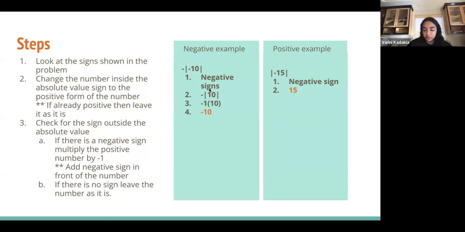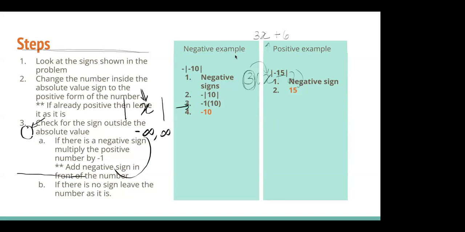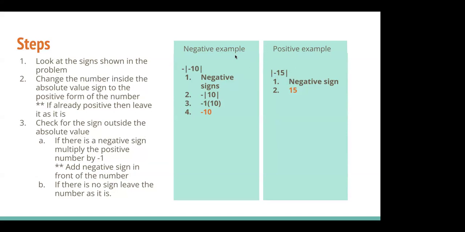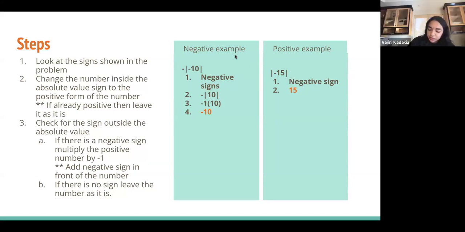So if we have negative times the absolute value of -10, our first step will be to take this absolute value and make this 10. So our new expression becomes -1 times 10, and this gives us -10.